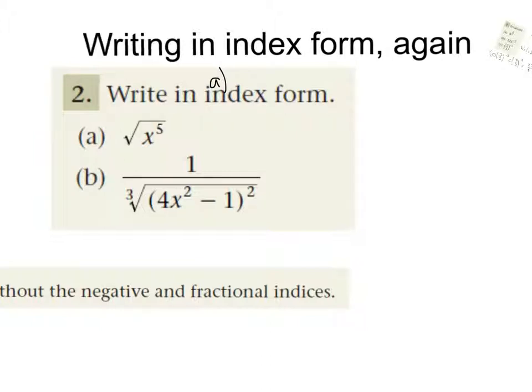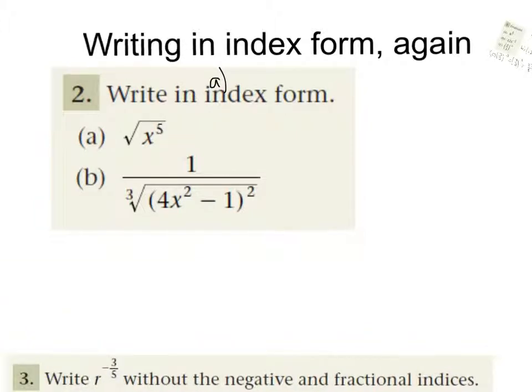Okay, so question 2a, we've been asked to write these things in index form. The square root of x to the power of 5. Now guys, if you want me to, I can rewrite question A like this. X to the power of 5, all to the power of a half. And that's what I'm going to write in place of a square root symbol.